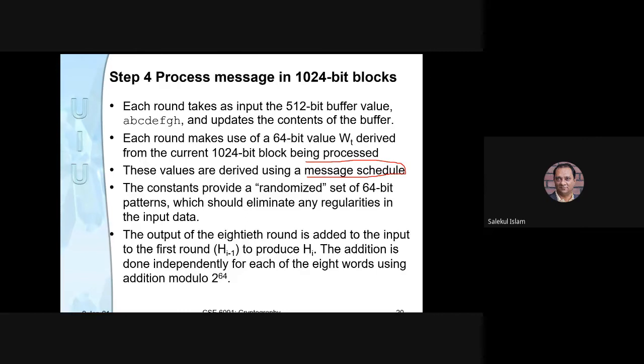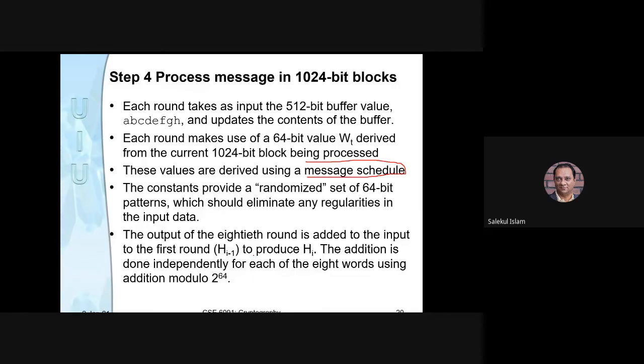The constants provide a randomized set of 64-bit patterns which should eliminate any regularities in the input data. So the output of the 80th round is added to the input of the first round, H(i-1).